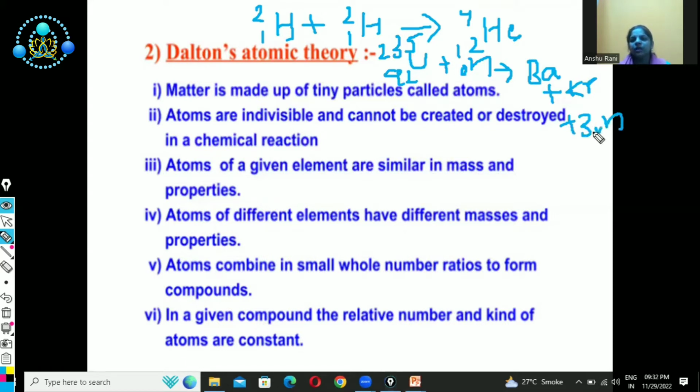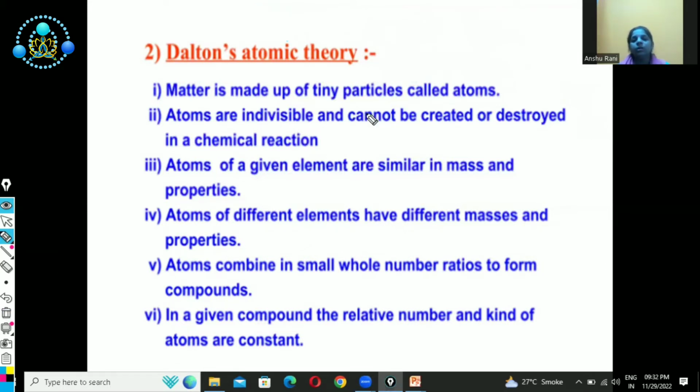So again in this example, you can say the atom of uranium is destroyed and barium and krypton are formed. So this is again violating the same rule that said atoms can't be created or destroyed, but here atoms can be created or destroyed.